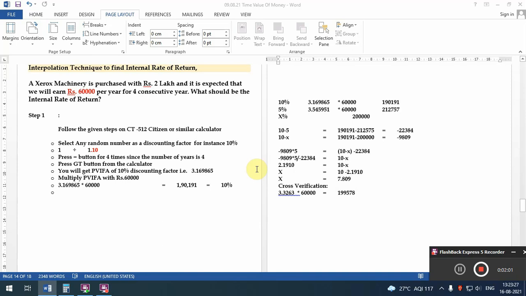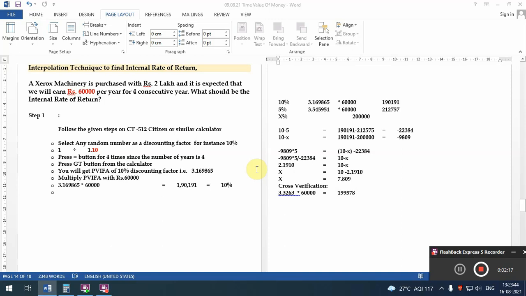Now to begin with, I need to select any random number as a discounting factor. For instance, I have taken 10%. I will simply divide 1 by 1.10.